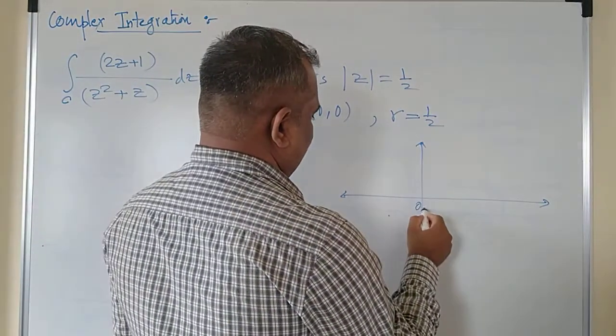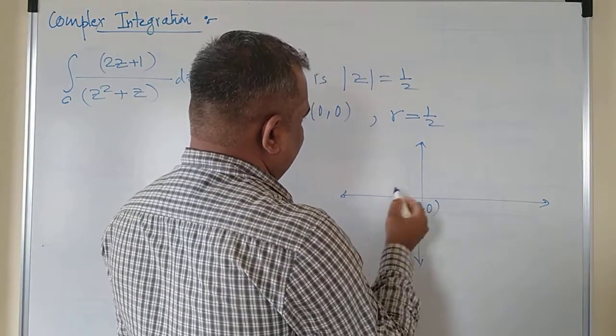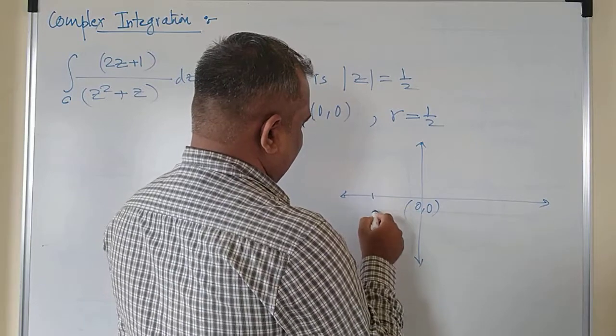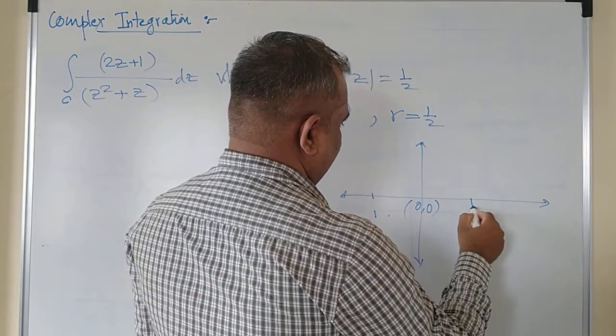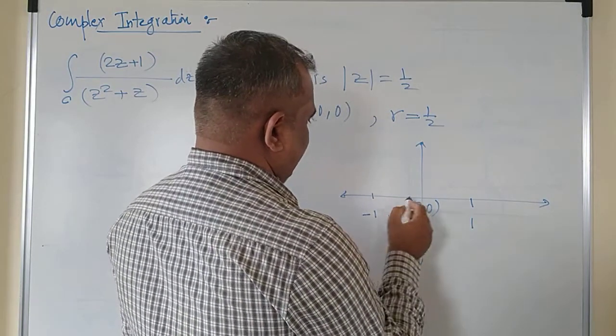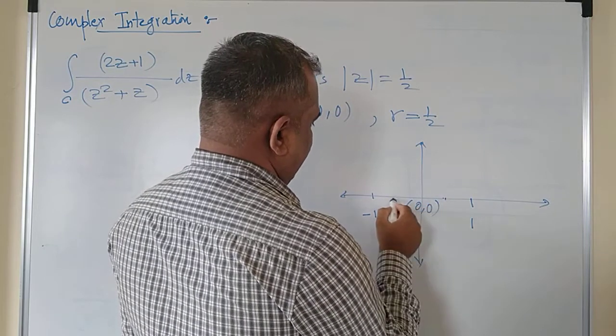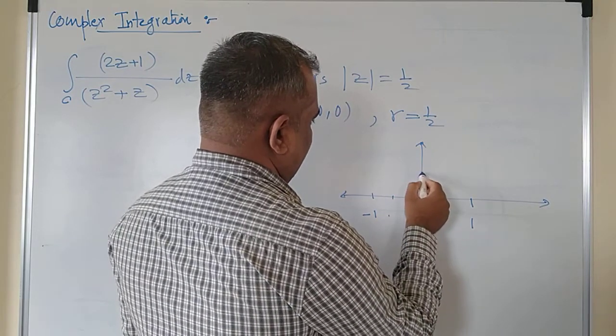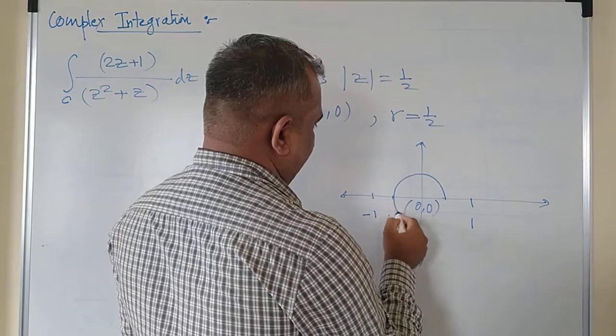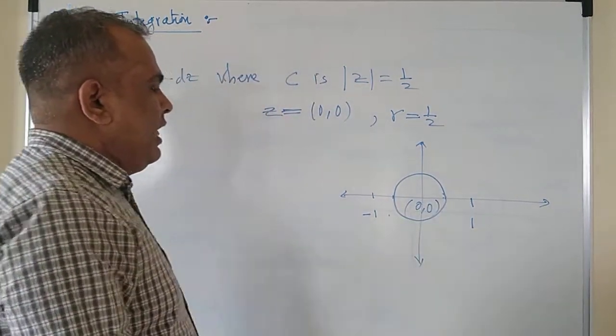So the center is (0, 0) and its radius is half. So let us say this is 1 and this is also 1, this is minus 1. So this might be a half. So your circle is of this kind, right?